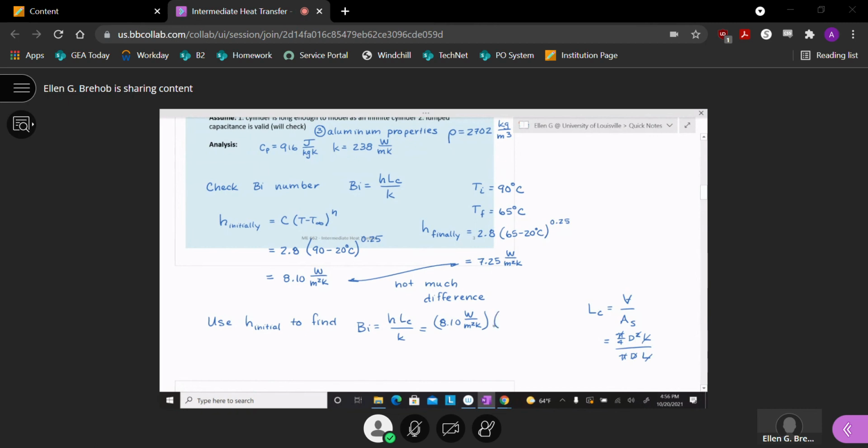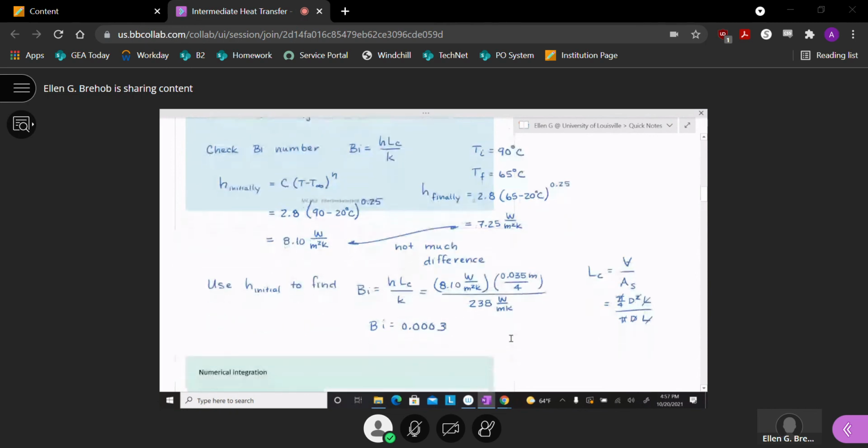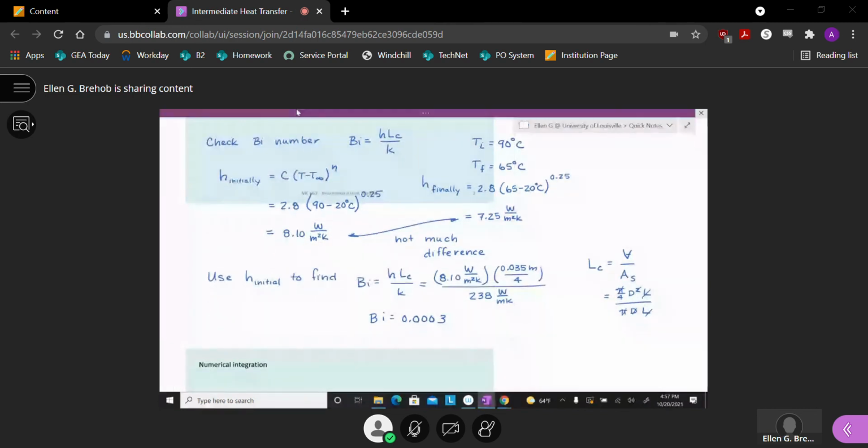And my diameter was 35 millimeters. Wow, so 3 zeros and a 3. All right, so we're not in danger of not meeting our lumped capacitance requirement.